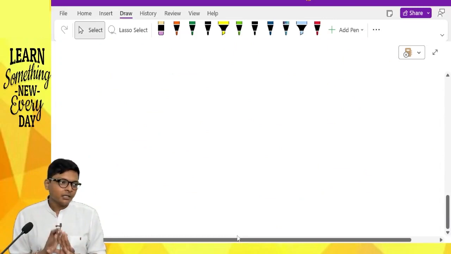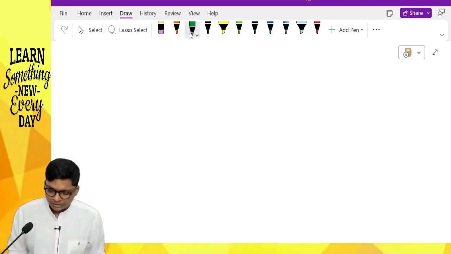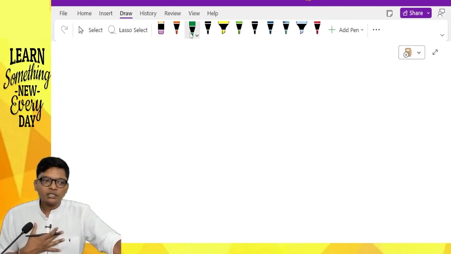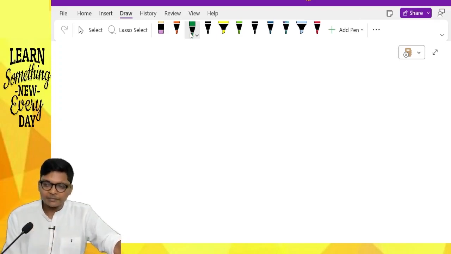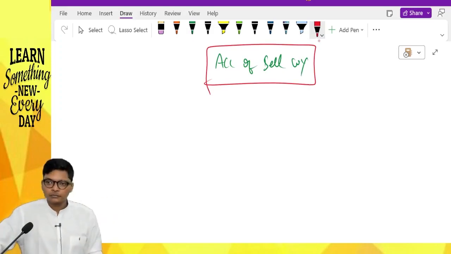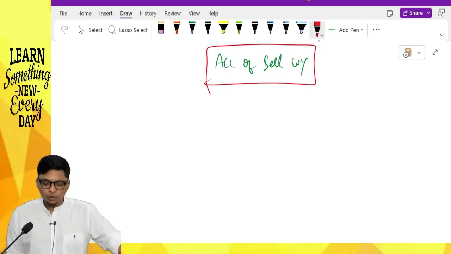With this, we are done with the background as to what you are going to learn in this chapter. Straight away getting into sums. Sir, what is the concept of sums? Very simple. Do you all remember accounting in the books of the selling company in amalgamation which we did in the previous chapter? Same. There, what are the accounts you open?